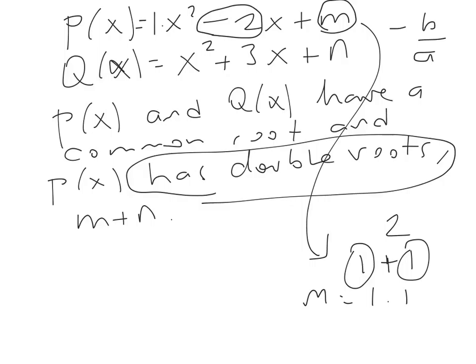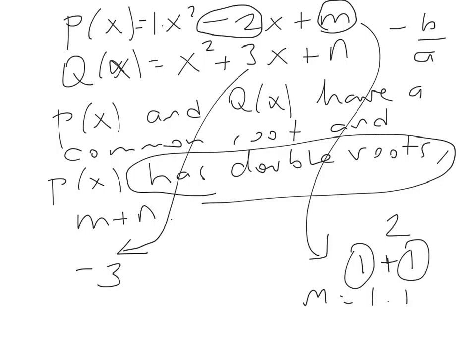In this clue here, have a common root. P of x and q of x have a common root. P of x has double roots, which means 1 and 1. So if they have a common root, q of x must definitely have 1 as one of its roots. So what is the sum of the roots of q of x? Negative 3.